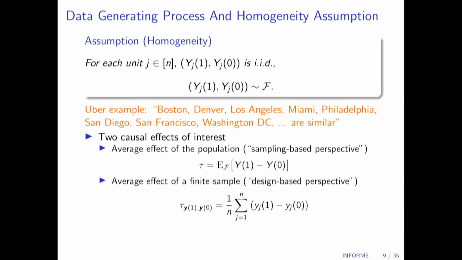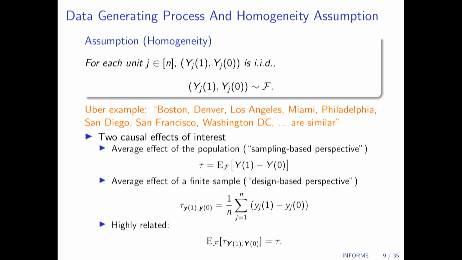Here we're using the small letter y, and we treat these y values as fixed values. In contrast, in the sampling-based perspective, we're thinking of the y's as random variables, and we're taking the expectations over the y's.